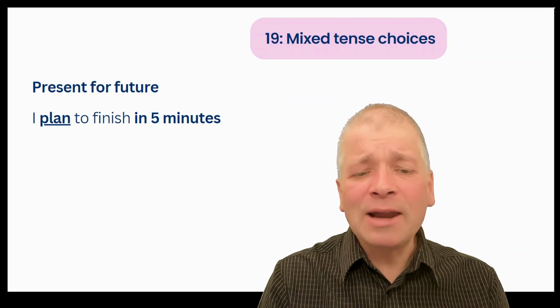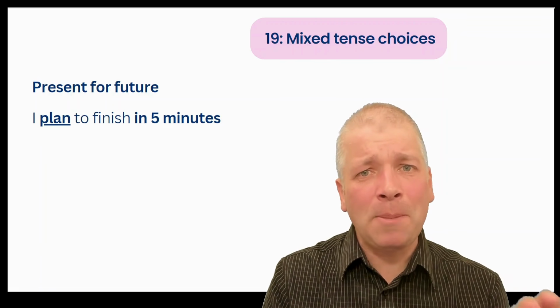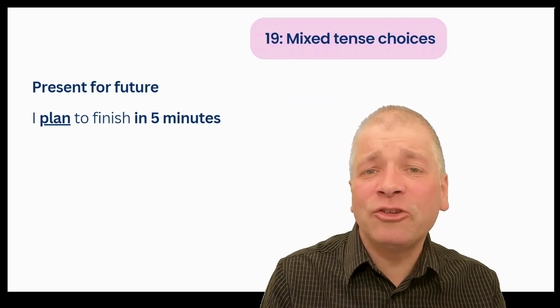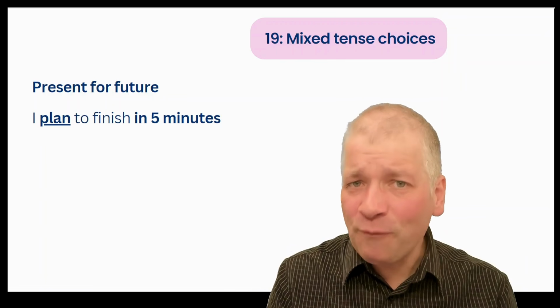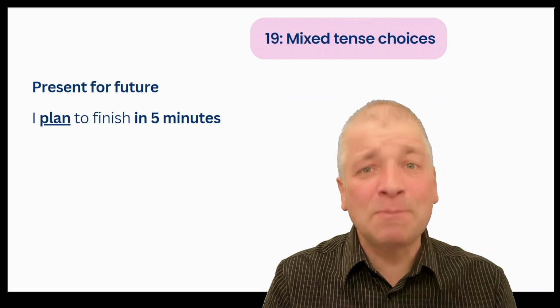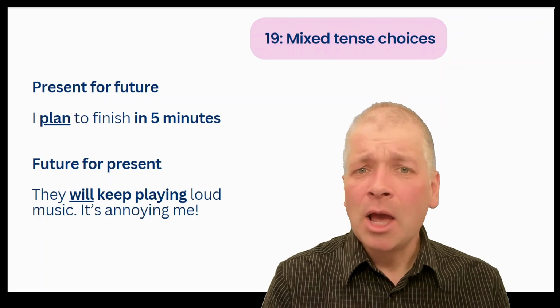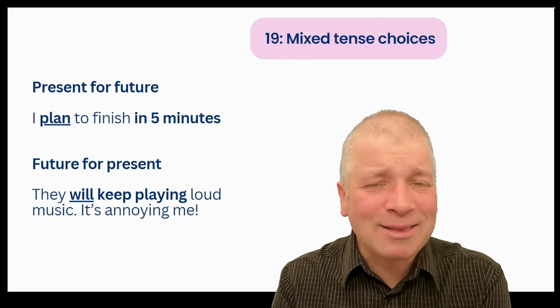Here, I plan to finish in 5 minutes uses the present tense verb plan, but it actually means in the future, 5 minutes later. And we can often use the present simple with a time phrase to actually speak about the future. But we can also use the future to speak about the present.